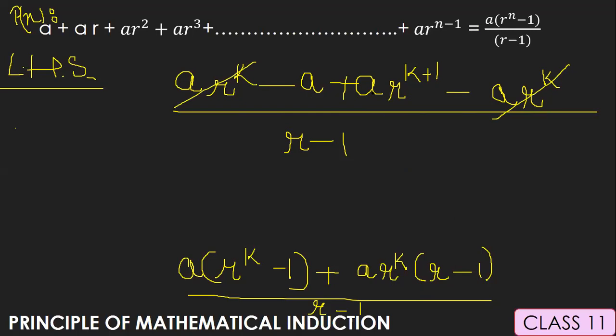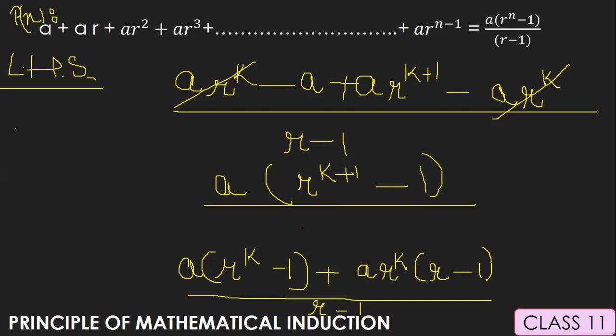Let us take A outside. A is common. So you would get A (R raised to power k plus 1 minus 1) divided by R minus 1. So this is your left hand side.